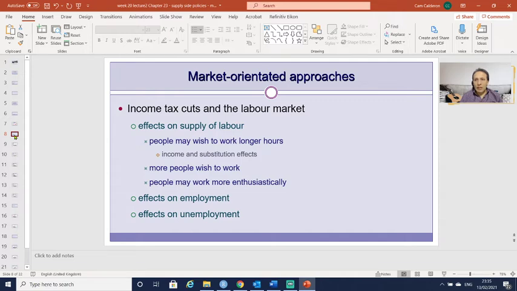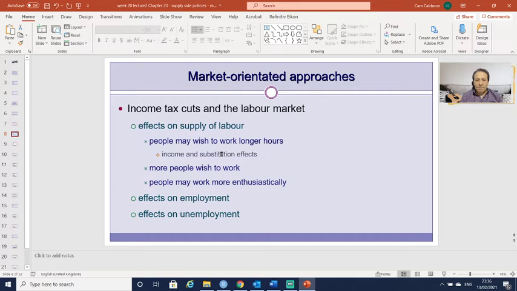It is more likely that you will get into the labor force if there is more profit, or more money available for you in the market, and that may cause an income and substitution effect. The income effect means that you are going to consume more, and the substitution effect means that you are going to consume better brands, better quality products. So we will have two effects when we have these income tax cuts.